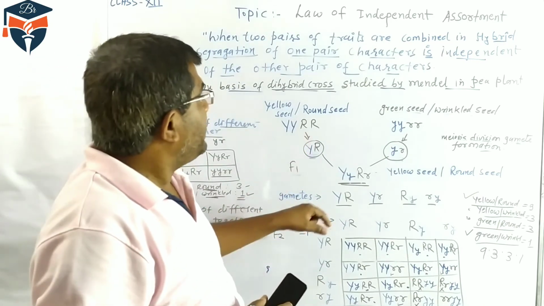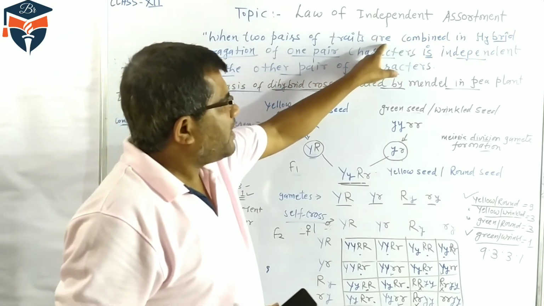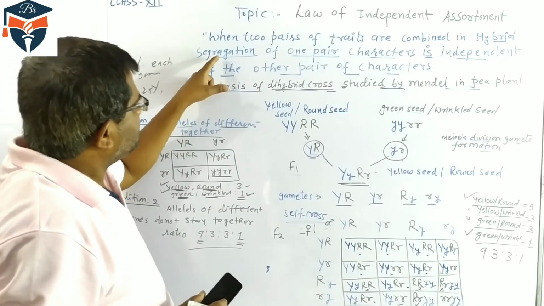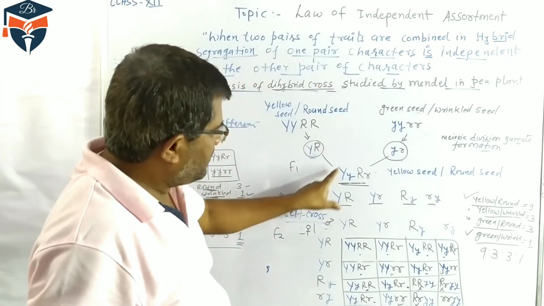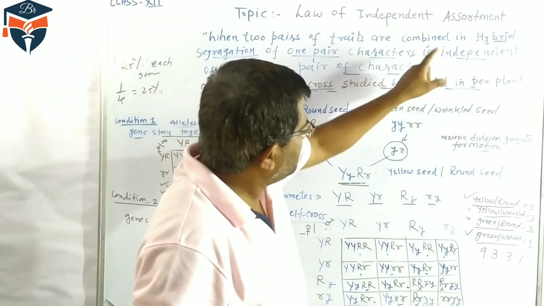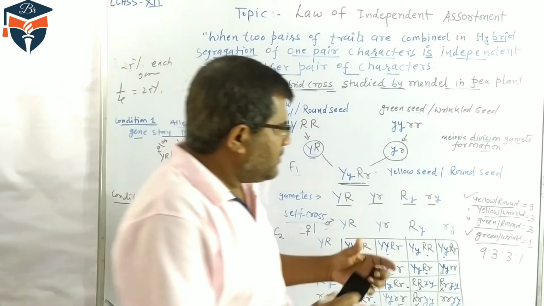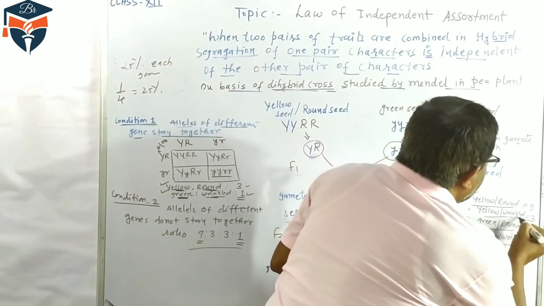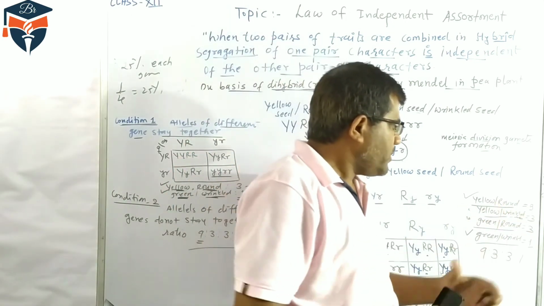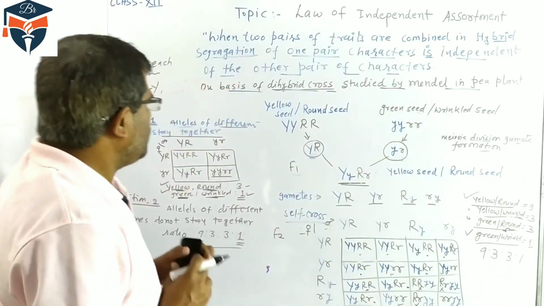So Mendel said that if 2 or more than 2 pairs of contrasting characters are combined in the F1 generation, they come together in F1, but segregation of one pair of characters is independent of the other pair of characters. It means the allele of the wrinkled independently shows its own character. The allele of the round shows its character.